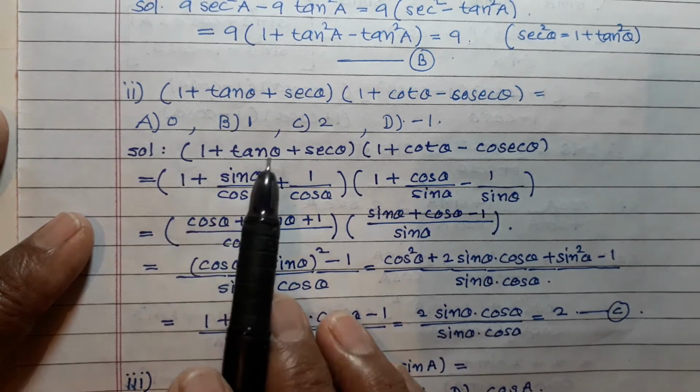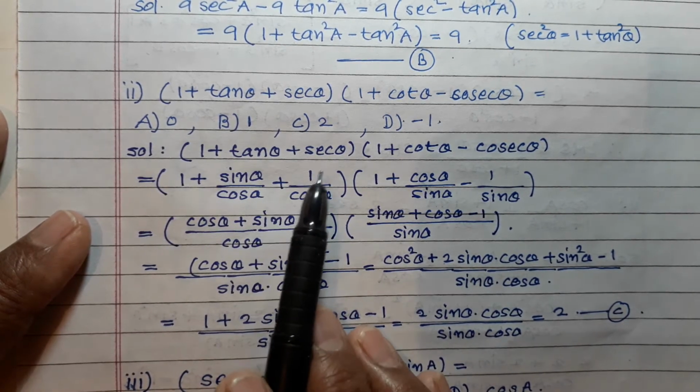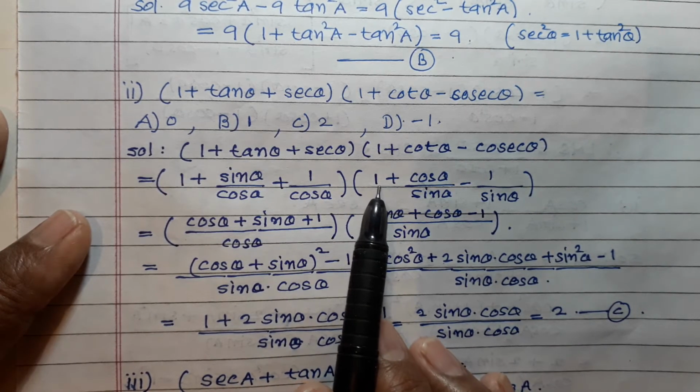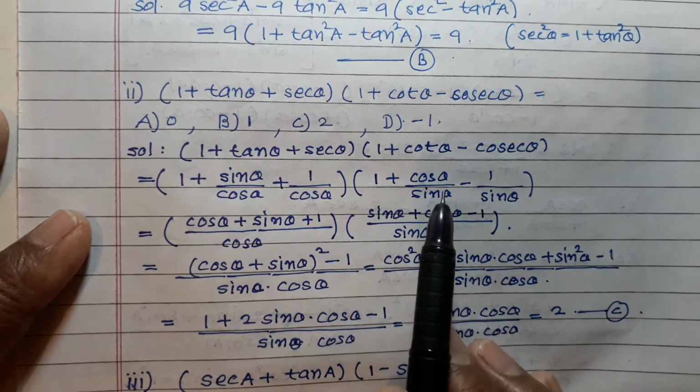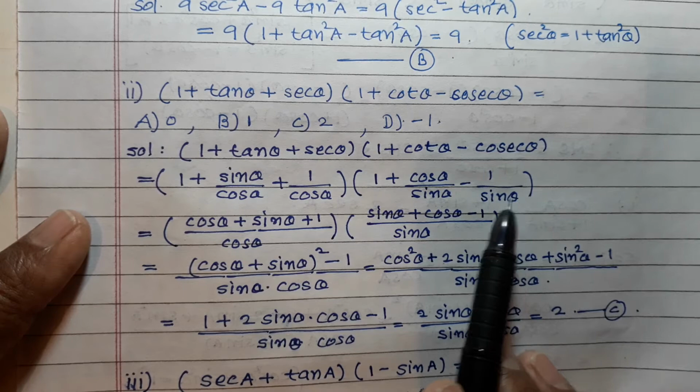So 1 plus tan theta plus sec theta is 1 plus sin theta upon cos theta plus 1 upon cos theta. In the second bracket, 1 plus cos theta upon sin theta minus 1 upon sin theta.